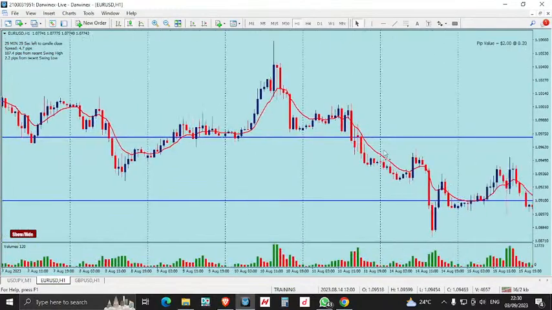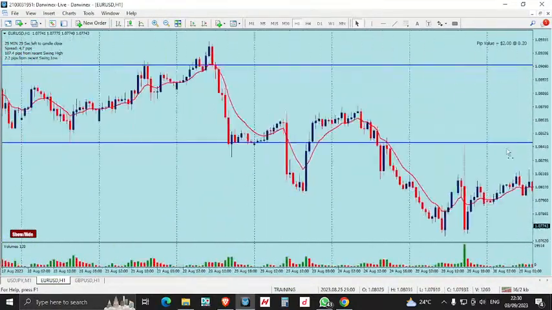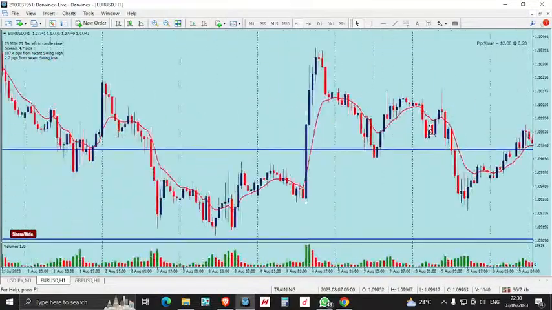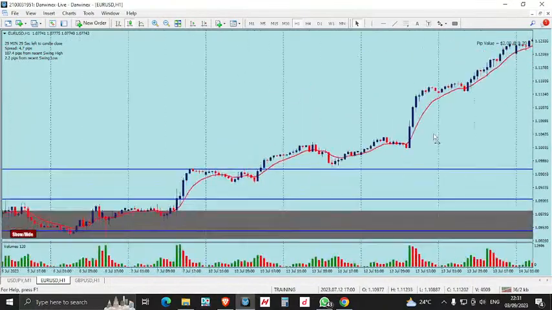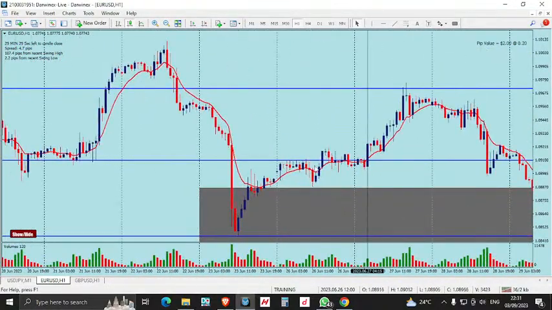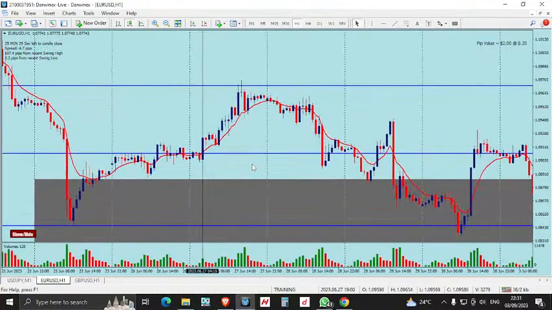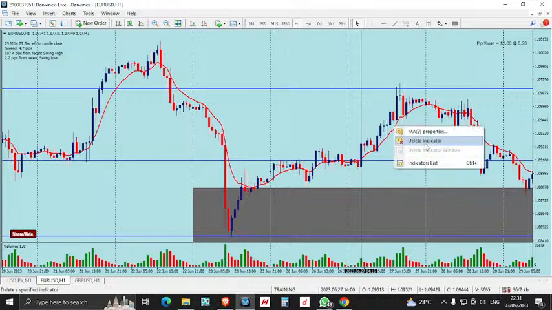Hold on, I'm trying to get the exact place we did our analysis. Okay, good, look at it here. Now let me remove this moving average so that we can see it clearly.